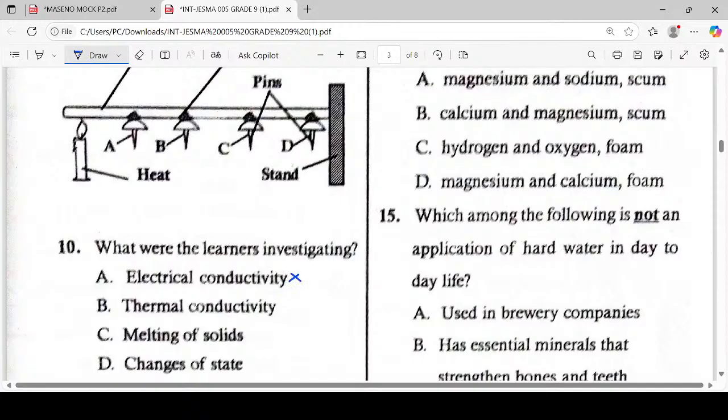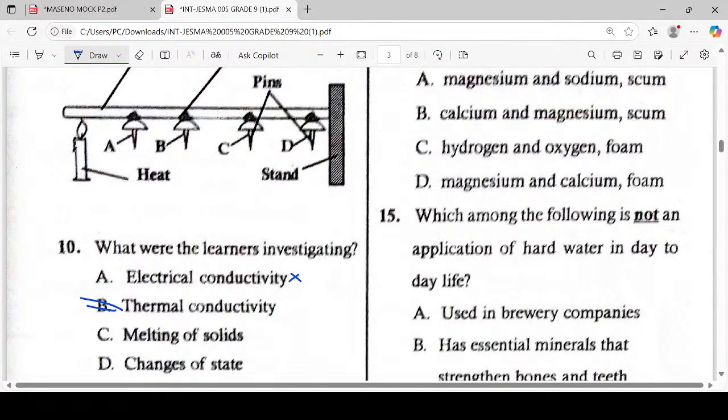Thermal conductivity? Let's hold on. Melting of solids, change of states. No. So then what was being investigated here is the thermal conductivity. If that metal rod is able to conduct the heat well and transfer. So that's what is being investigated.